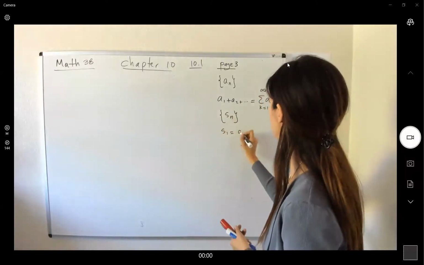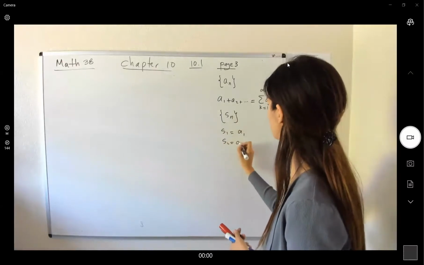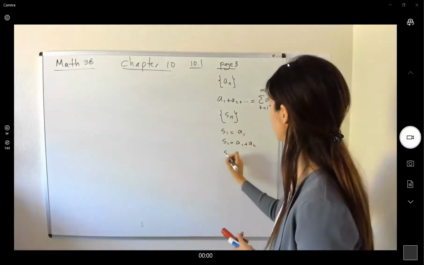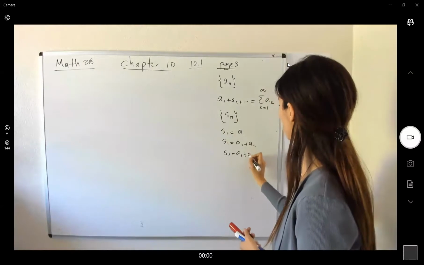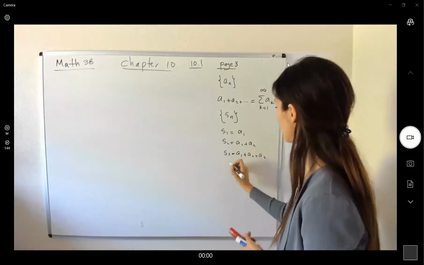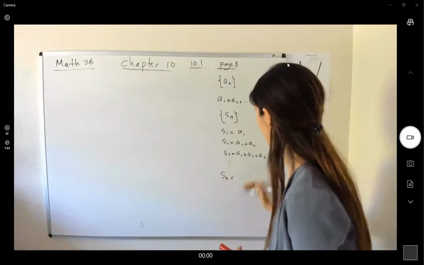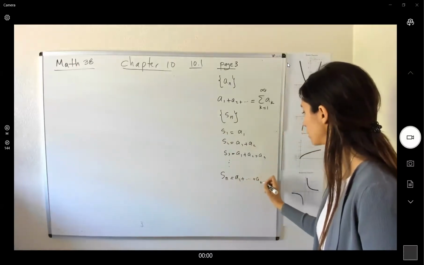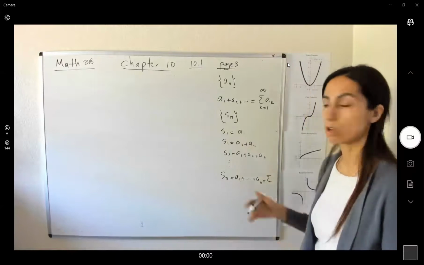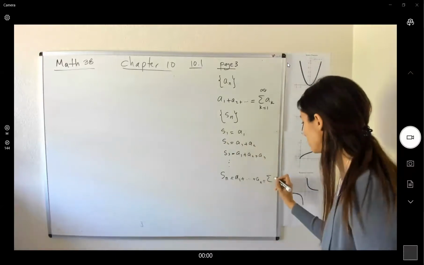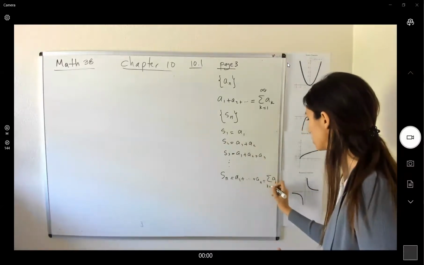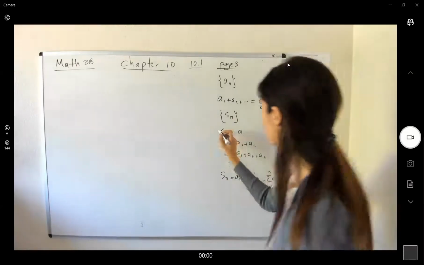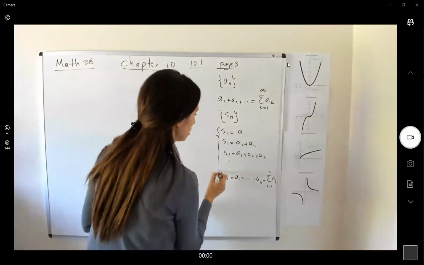S sub 1 is a sub 1, S sub 2 is a sub 1 plus a sub 2, S sub 3 is a sub 1 plus a sub 2 plus a sub 3, and S sub n is a sub 1 plus a sub 2 up to a sub n, the sum of a sub k, k starts from 1 to n, and we call these the partial sums.